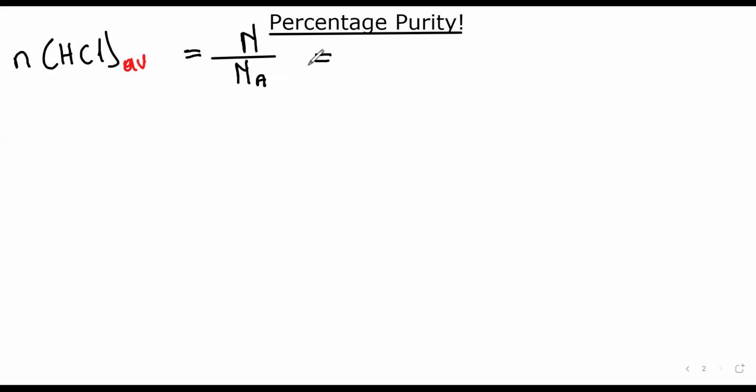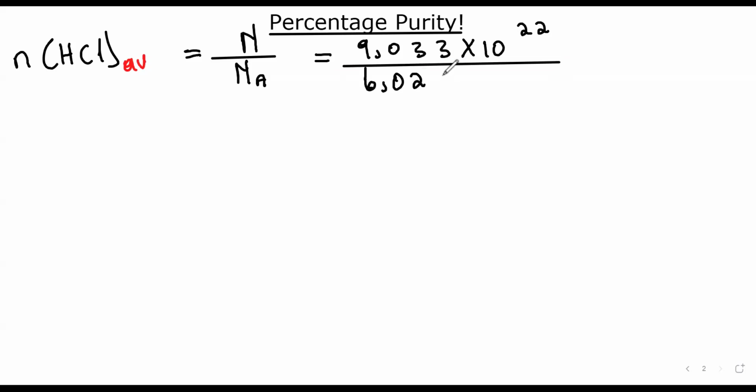So, well, the number of molecules is 9.033 exponent 22. And Avogadro's number, hey, I think it's 6.02 times 10 to the power 23. Yes, I think so. If it's not, please correct me because I don't have my table of constants. I'm just trying to get it from my memory.